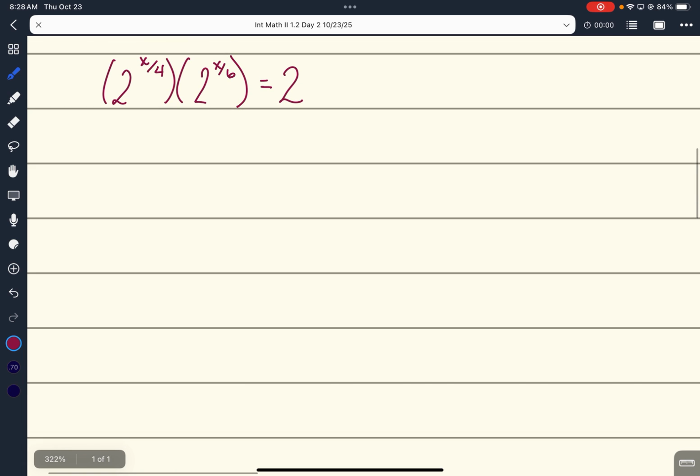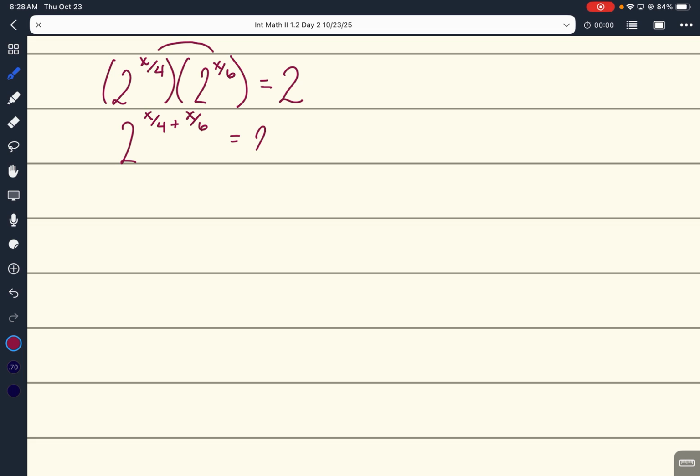So what am I going to have to do with my exponents? Add them. Okay. So it's going to be 2 to the x over 4 plus x over 6 equals 2. What's the exponent on this 2 that's on the right-hand side? 1. So we just need to remember there's a 1 there, right?